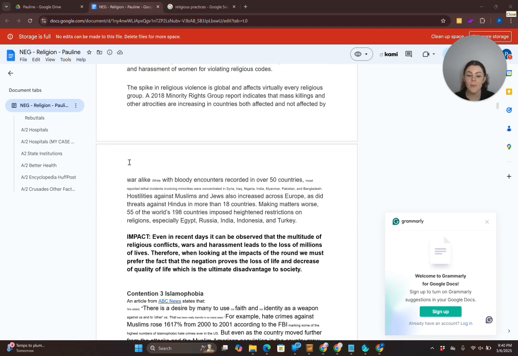In fact, even in recent days, it can be observed that the multitude of religious conflicts, wars, and harassment leads to loss of millions of lives. Therefore, when looking at the impacts of the round, we must prefer the fact that the negation proves that the loss of life and decrease of quality of life is the ultimate disadvantage to society.